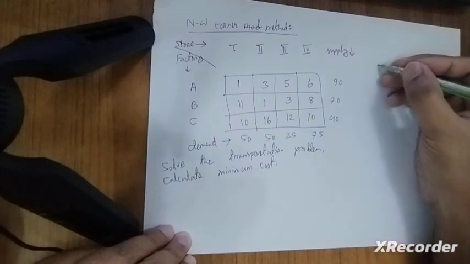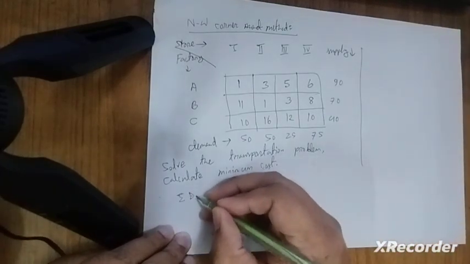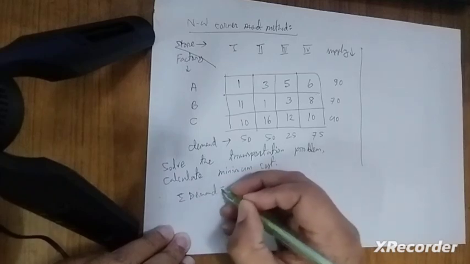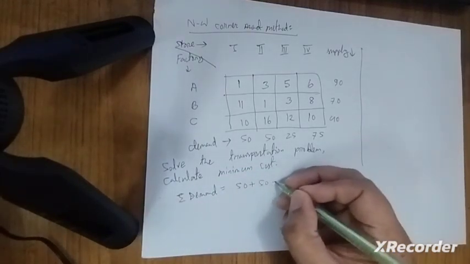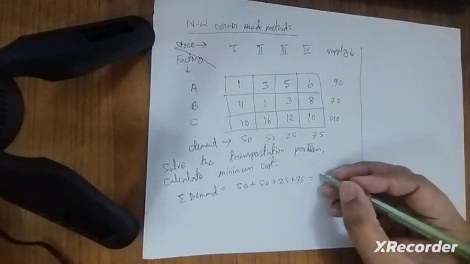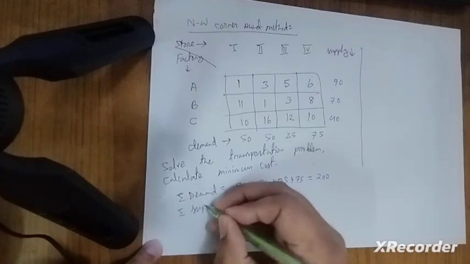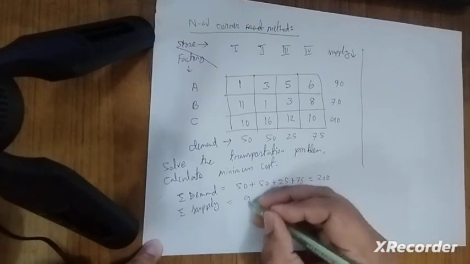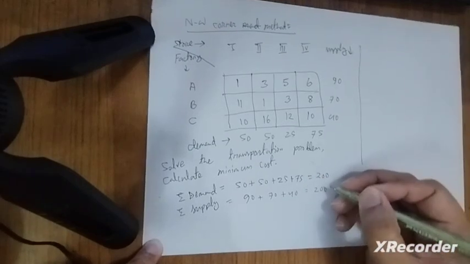Our sum of demand is 50, 50, 25 and 75, so the total demand is 200, and the total supply is 90 plus 70 plus 40, which is also 200.